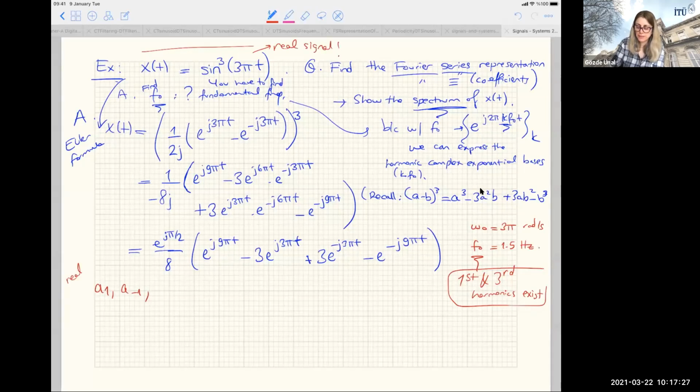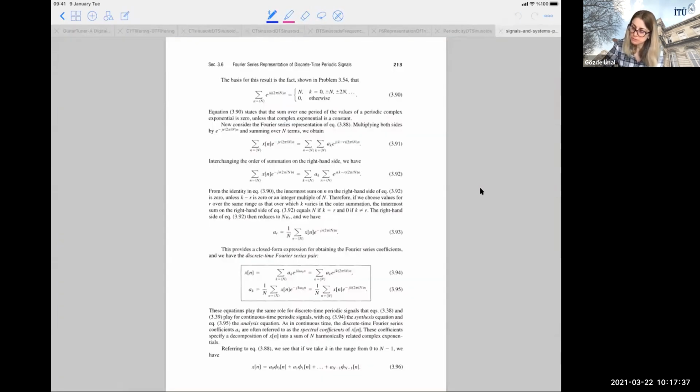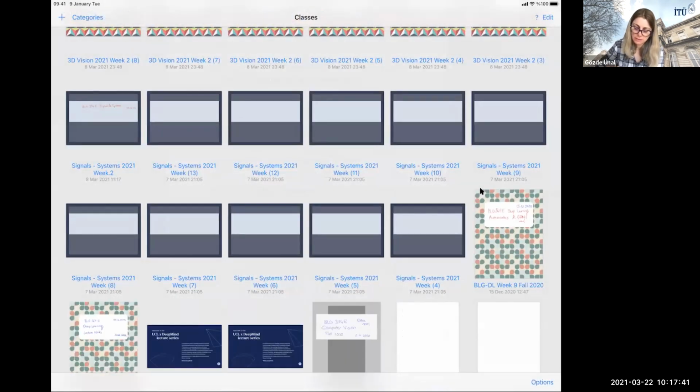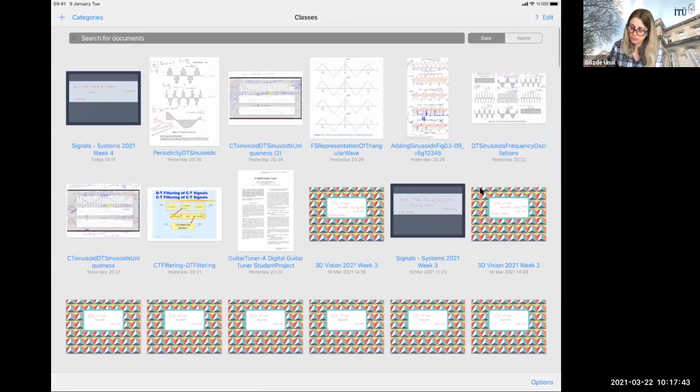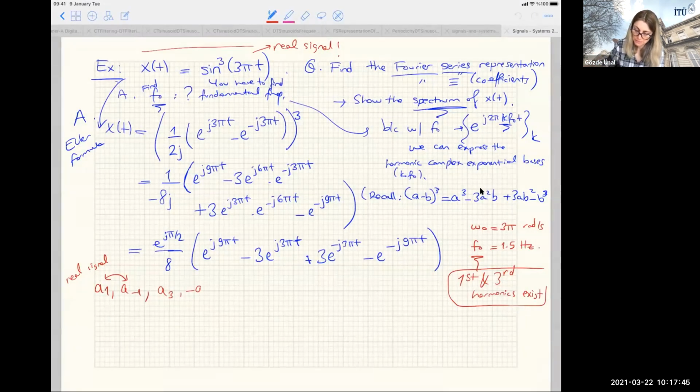These will be complex conjugates of each other. You also know that, and we will see. And I have A3 and A minus 3. Oh, sorry, guys. Oh, okay, we will find this. All right, A minus 3.